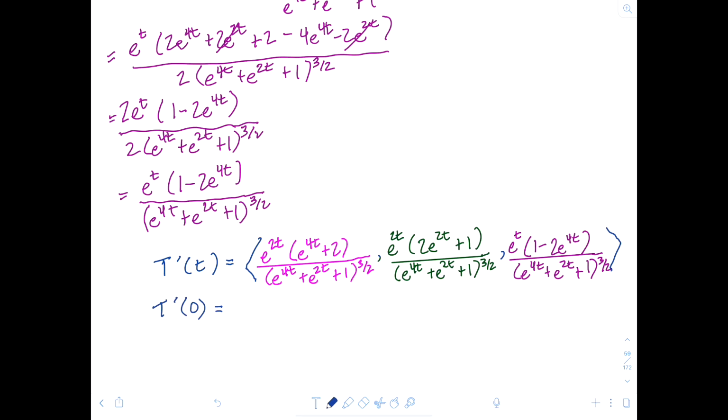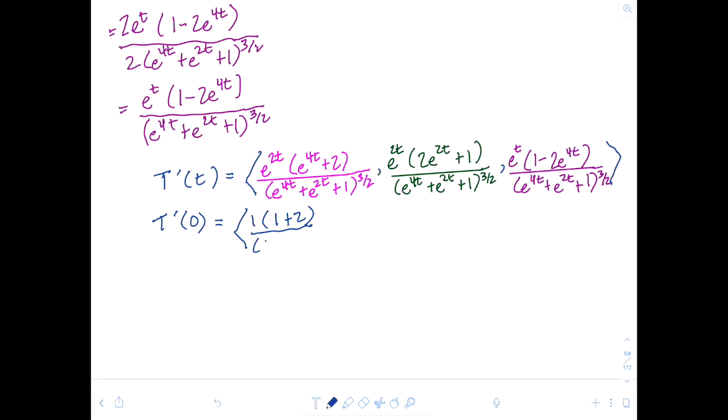So wherever there is a t, we're going to plug in a 0, all right? And so that's going to give us a bunch of e to the zeros. So we're going to end up with this: 1 times 1 plus 2 over 1 plus 1 plus 1 to the 3 halves.